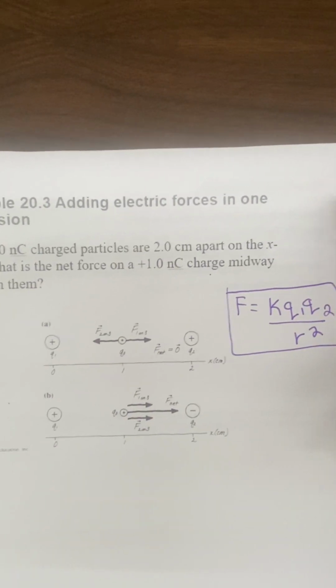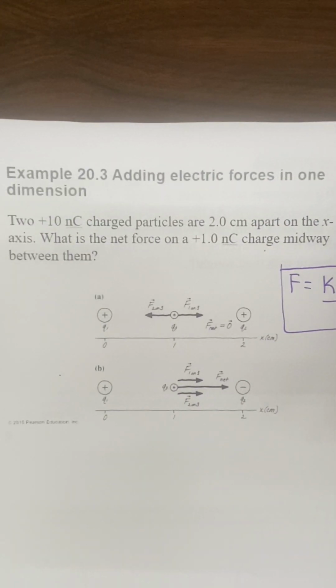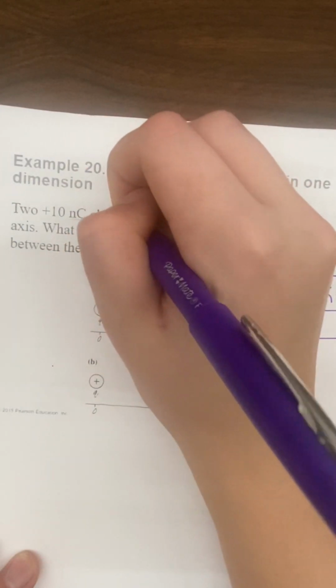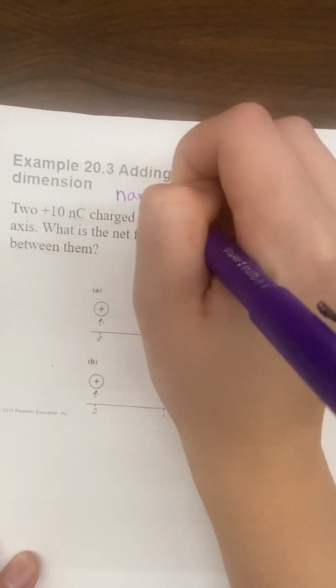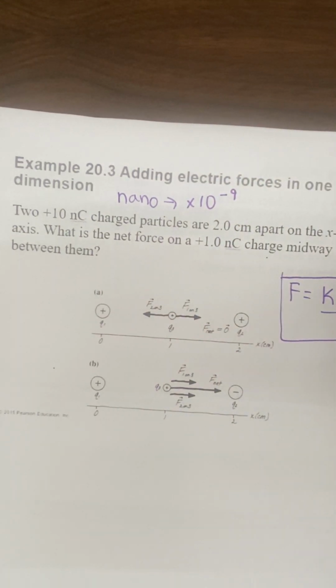Okay, and then they give us a nice little diagram. So let's read this question. It says 2 10 nanocoulomb charged particles. Remember, nano means times 10 to the minus 9. So 2 10 nanocoulomb charged particles are 2 centimeters apart on the x-axis. What is the net force on a 1 nanocoulomb charge midway between them?